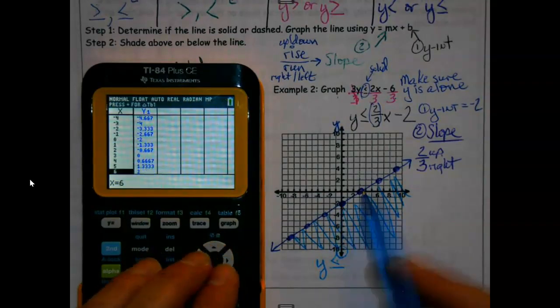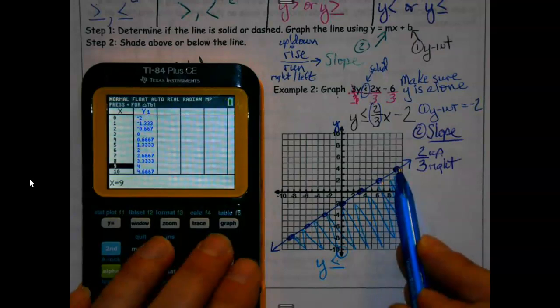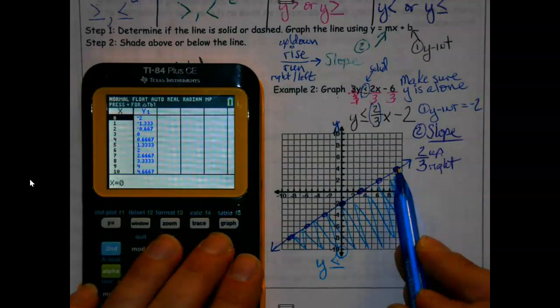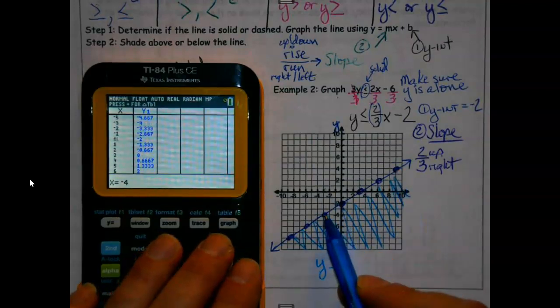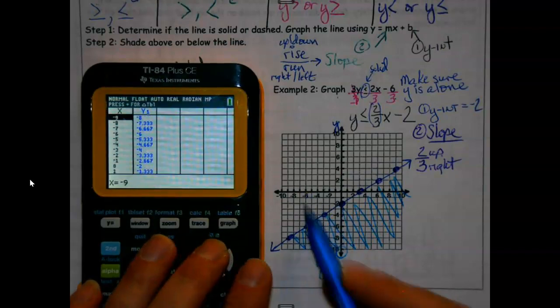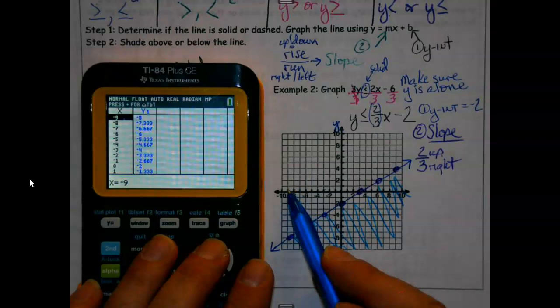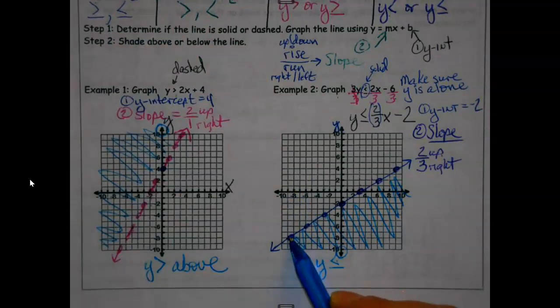I can keep going: (6, 2), (9, 4). And if I wanted to go the other way as well: (-3, -4), (-6, -6), and one more time, (-9, -8). So you can get all the points off the calculator if that's something you feel more comfortable with.